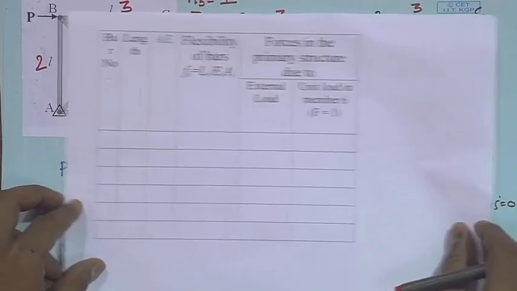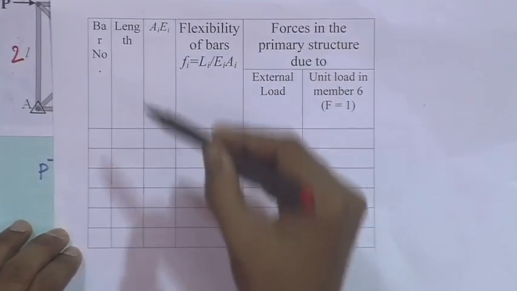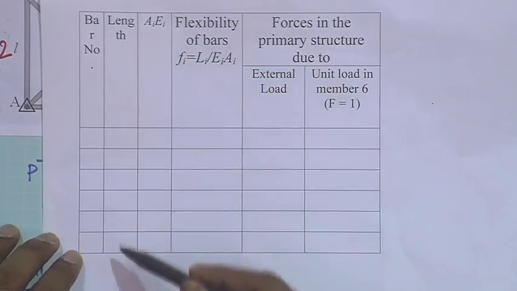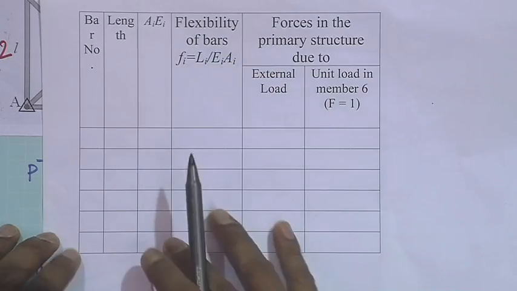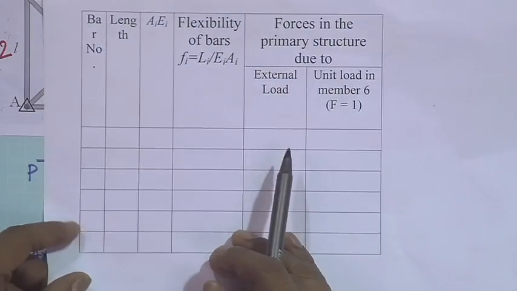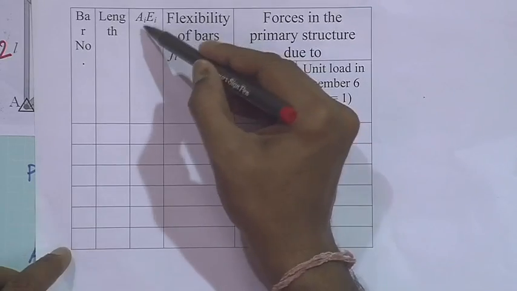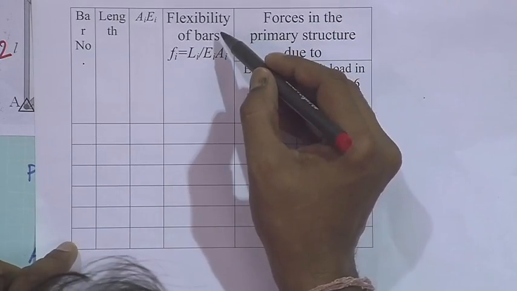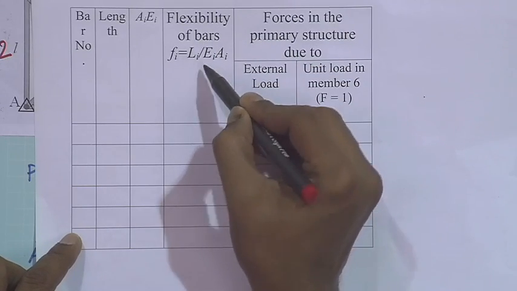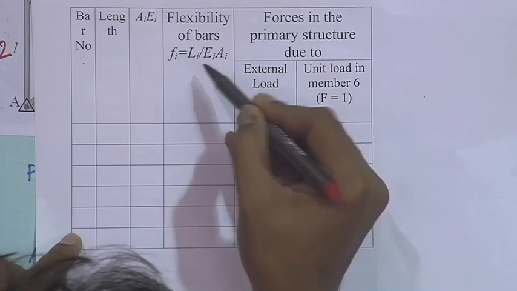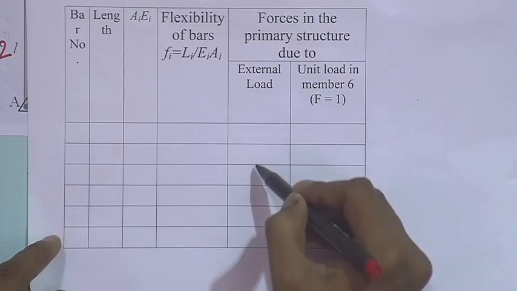The first column is the bar number, then the length of each bar, then A into E. If the cross-sectional area and Young's modulus are the same, they will all be the same, but for some problems those values may be different for different members. Then the flexibility of a bar is defined as L by AE in axial deformation, the flexibility of the individual bar, and then the external load.